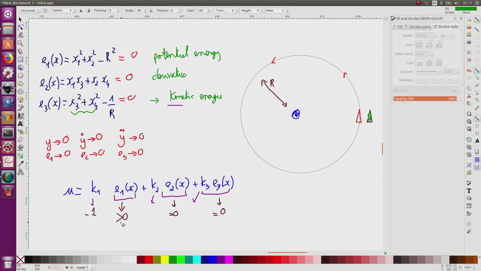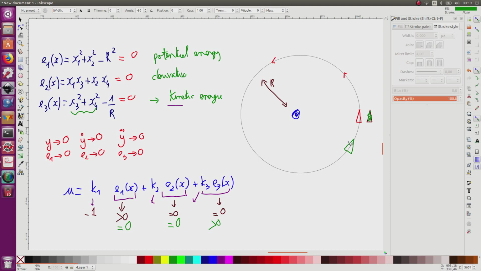Okay. Now I will consider another situation, where I have the right potential energy. I also have E2 equals 0, so the derivative is 0, but the speed is greater than 0. So it means I am in this situation, for instance in this circle, moving, but the energy is larger.